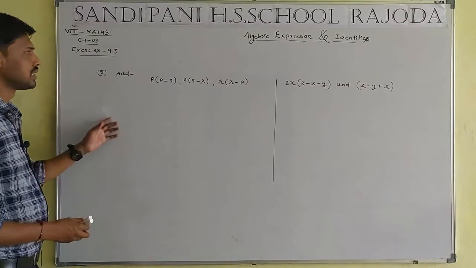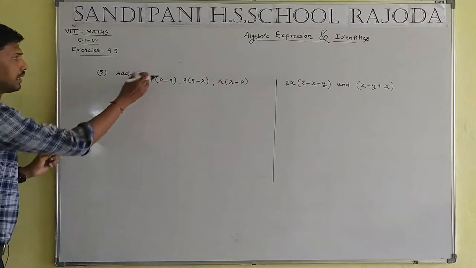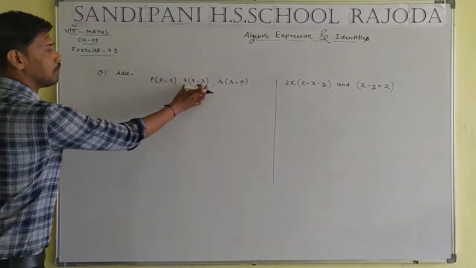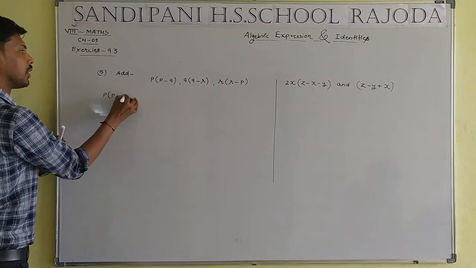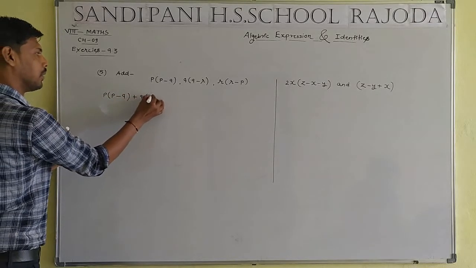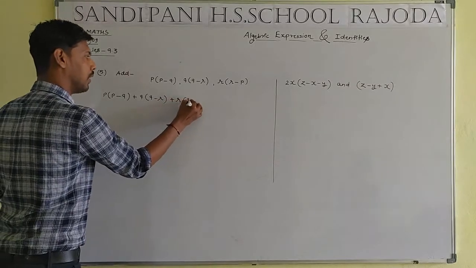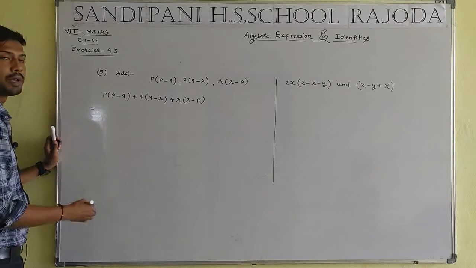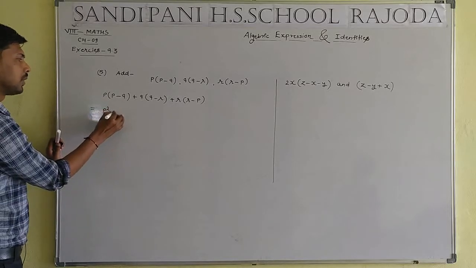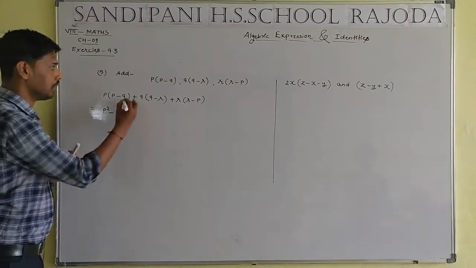Student, now we take the next question of the exercise number 9.3. Multiply the polynomials. That means p minus q plus q minus r plus r into r minus p. Student, p multiply by p, then we are getting p square, p multiply by q, then we are getting pq.